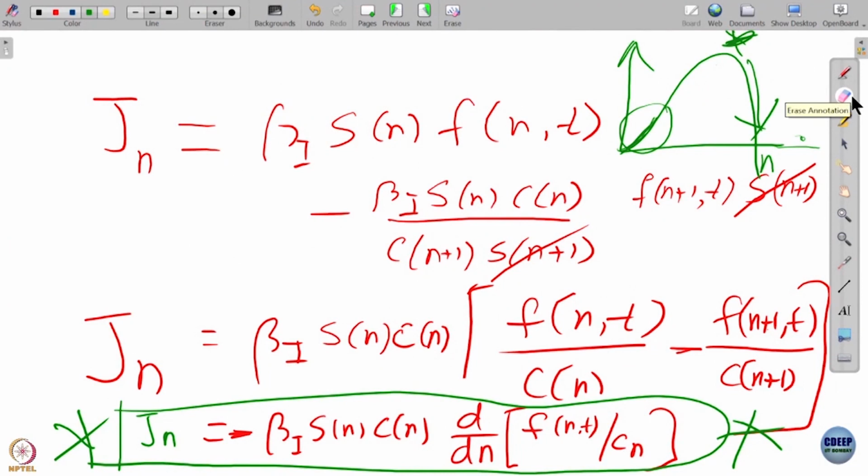In our case, our compartments are n minus 1, the next compartment is n, the next is n plus 1, in a steady state flow. That means J is independent of n. Now, I have this wonderful expression, and J is independent of n.